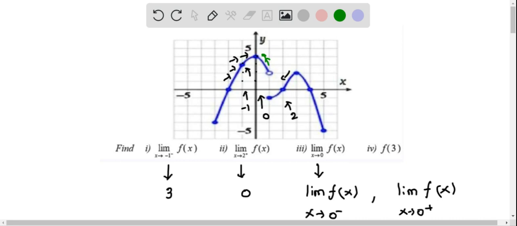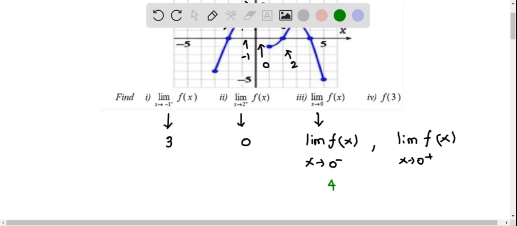When x approaches 0 from the right, it's still approaching 4. So we see that this value is also 4. Now these two one-sided limits are exactly equal, and this means the limit exists for f of x when x approaches 0, and so the value of this limit equals 4.